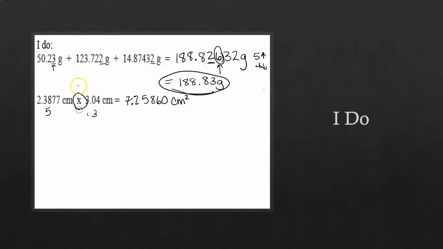Because it's multiplication, I do smallest total. So 3 sig figs is what I get to keep in my answer. So I'm going to count 1, 2, 3. I can keep up to the 5. The 8 tells me to round up. So my final answer is 7.26 centimeters squared.